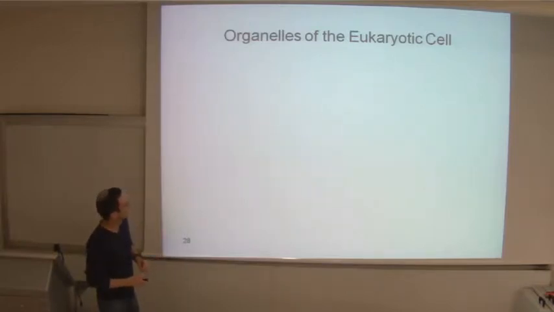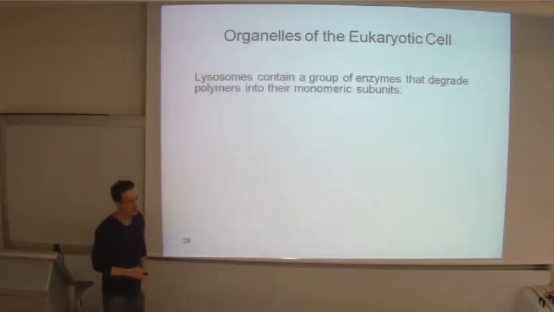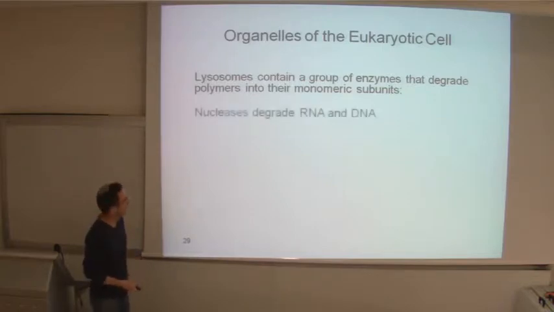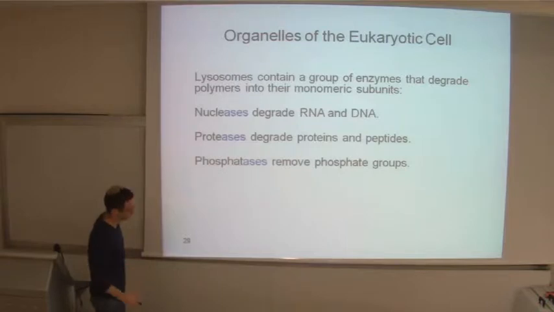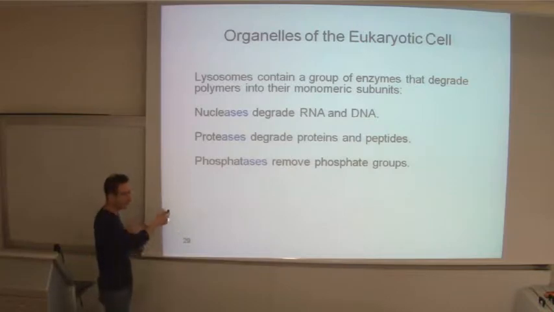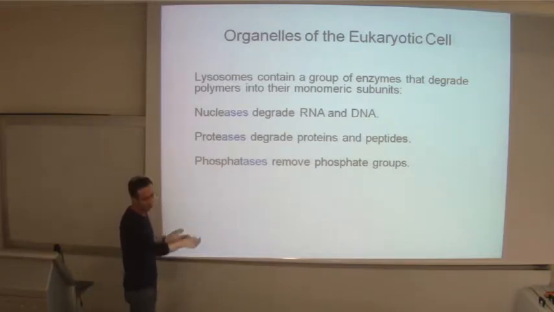Okay, now inside lysosomes, we've mentioned there's a battery of different degradative enzymes, and here are three examples of such enzymes. They are all named after the substance that they degrade. And then they have an "ase" at the end that denotes the fact that they destroy or hydrolyze different components.